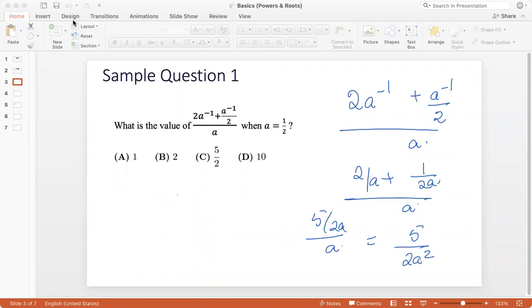Okay, so 5 divided by 2 times (1 by 2) the whole squared, right? Because a is 1 by 2. I can cancel out 2 and 2 and take out the square. So this becomes 5 multiplied by 2, which is 10. So the right answer for this expression is 10.